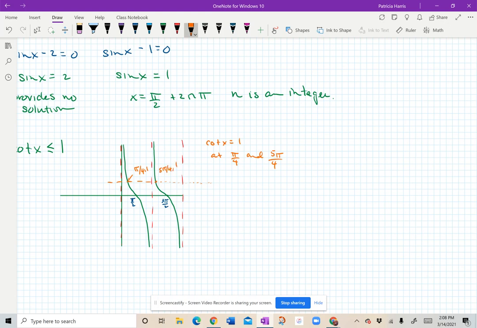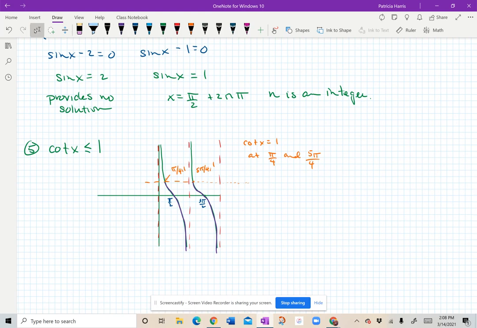I want to know when it's less than or equal to 1, so that means below here and here. So I've got to write that out. Pi over 4 less than or equal to x. Since it's approaching an asymptote, I can't say it's equal, so we're just going to say less than pi like that.